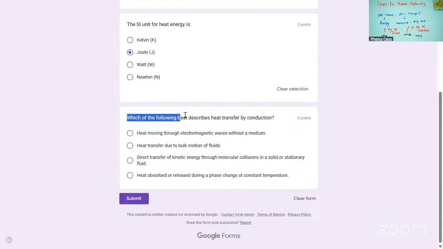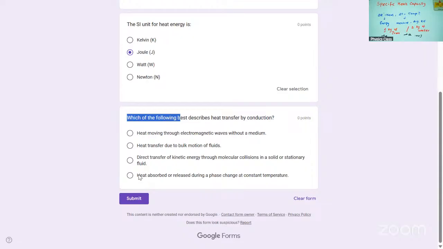Third one: which of the following best describes heat transfer by conduction? Already you are familiar with conduction, convection, radiation. This is a form of heat transfer. Option A, heat moving through electromagnetic waves without medium. Option B, heat transfer by the bulk motion of fluids. Option C, direct transfer of kinetic energy through molecular collisions in a solid or stationary fluid.